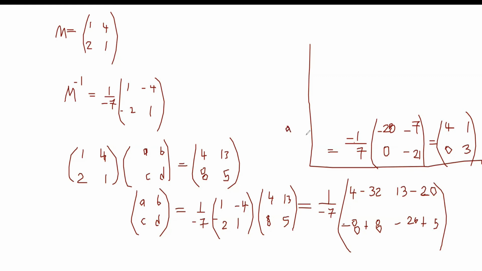Very good. So you see the trick now? It's just a 2 by 2. It's not even really a trick, it's just different. Usually it's just x and y. So now we can conclude that A equals 4, equating corresponding elements, B equals 1, C equals 0, and D equals 3.